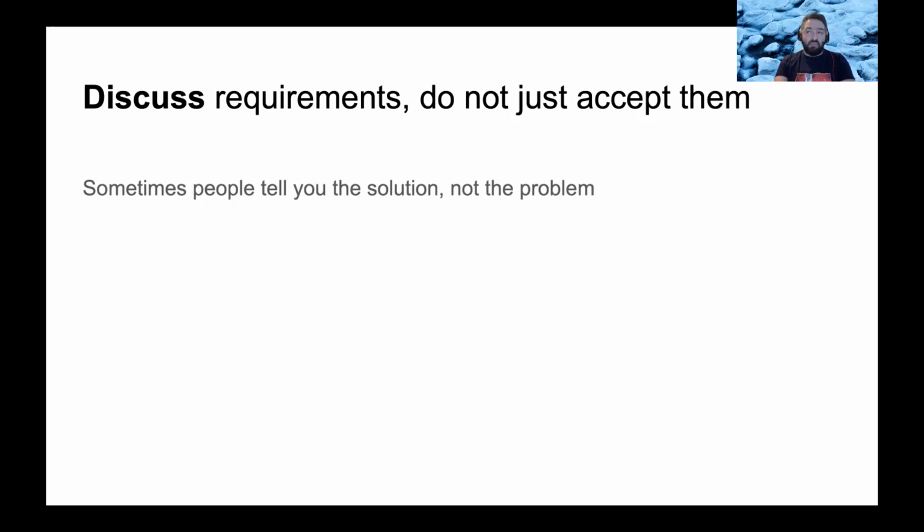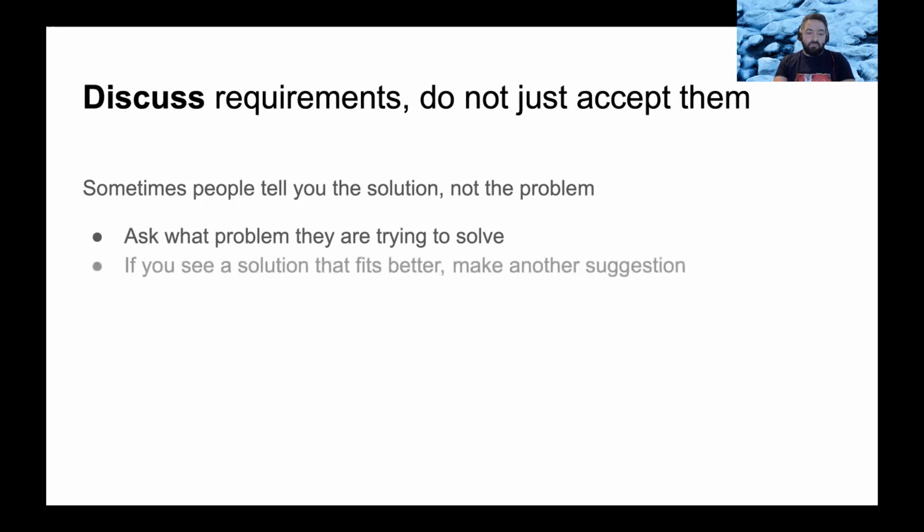The actual requirement here might be that the service should be protected from unauthorized use, which you should accept clearly. But since there are multiple protocols, you can suggest another one that may also fit and is easier to implement. So once somebody tells you a solution, ask which problem they are trying to solve, and maybe discuss other options.